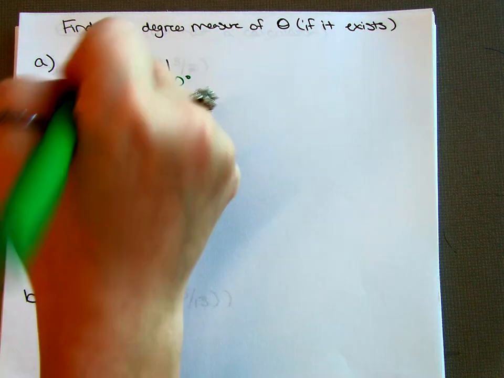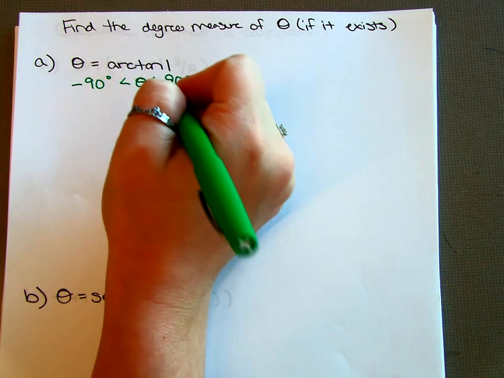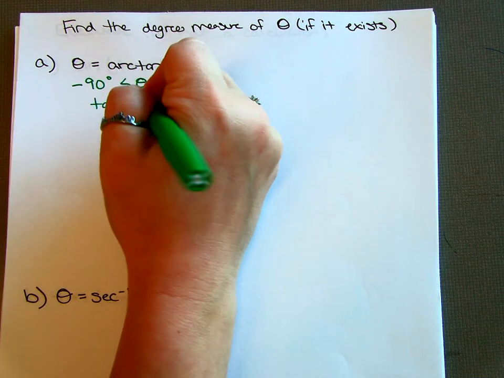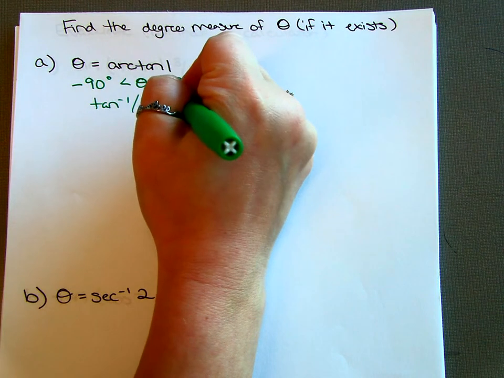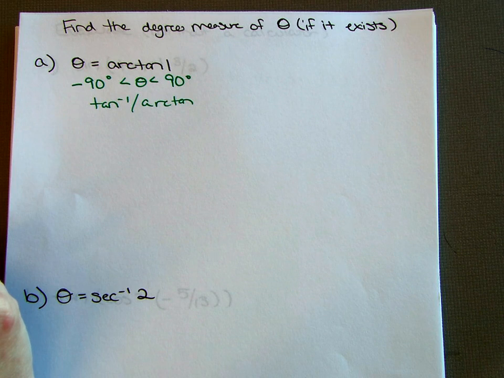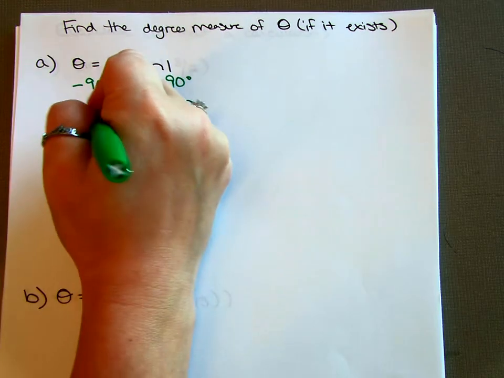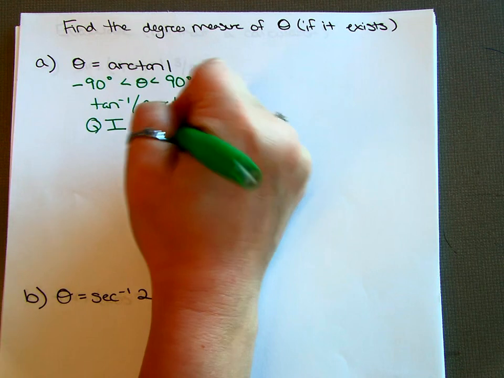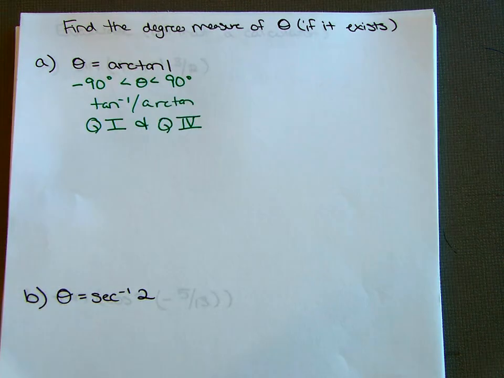So since we know this, what two quadrants do we know our arctangent has to lie in? Quad 1 and what? Yeah, quad 1 and quad 4. So that's where we know we have to be.